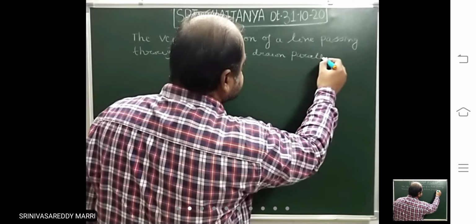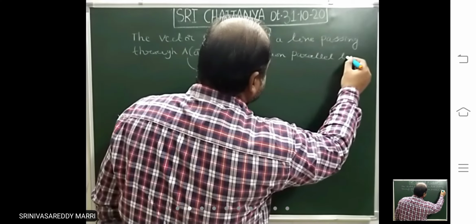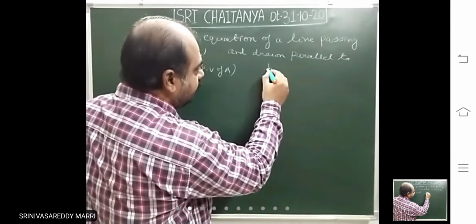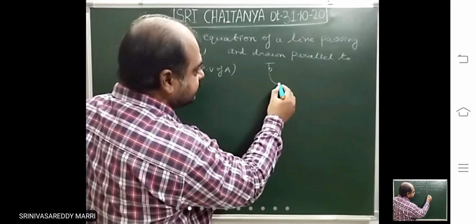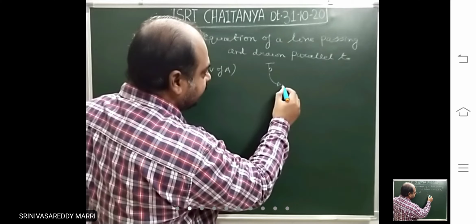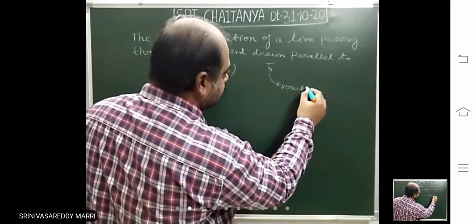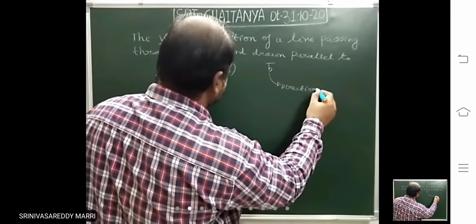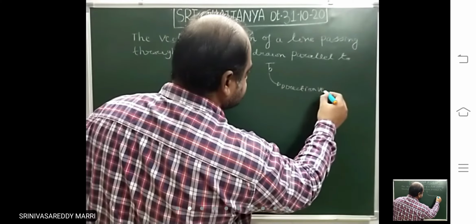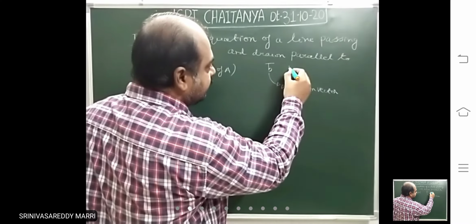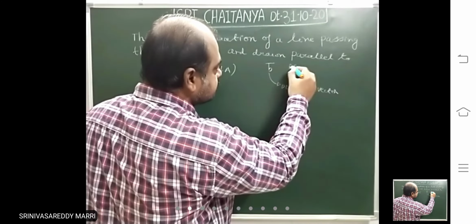This we have discussed in vector equation. To write the equation of the line in vector form parallel to B bar, this is called the direction vector. Direction vector.